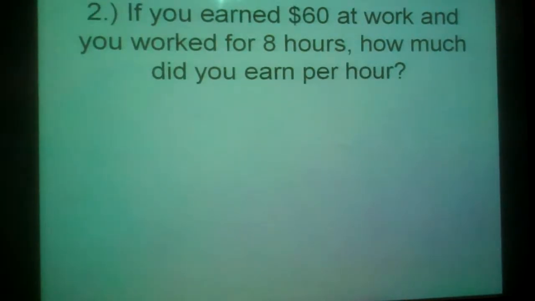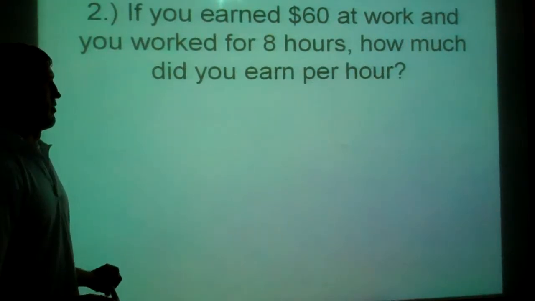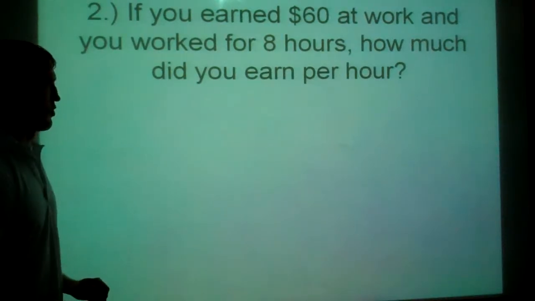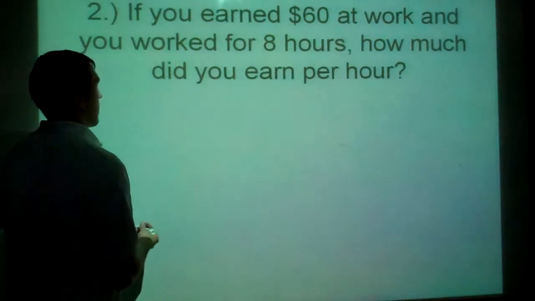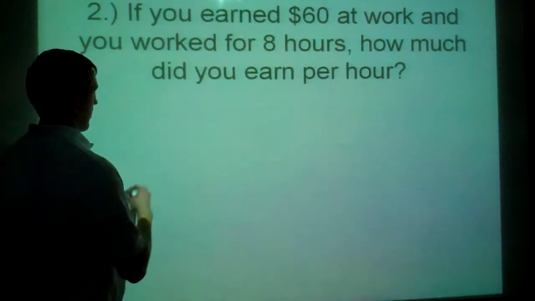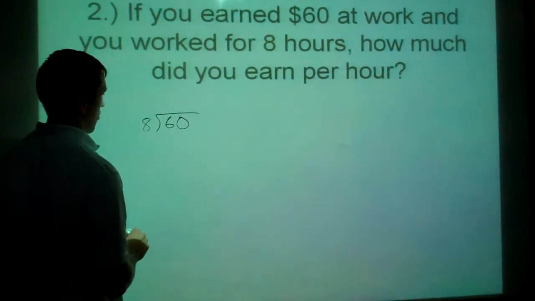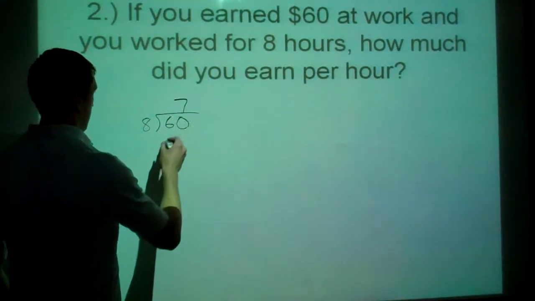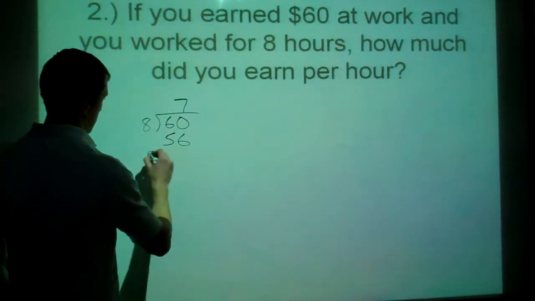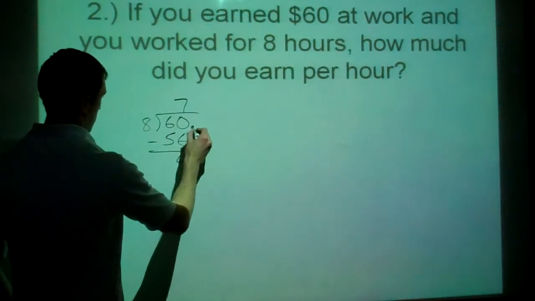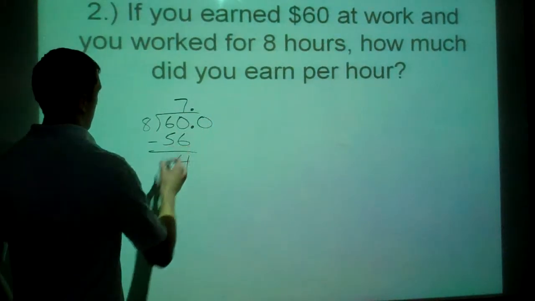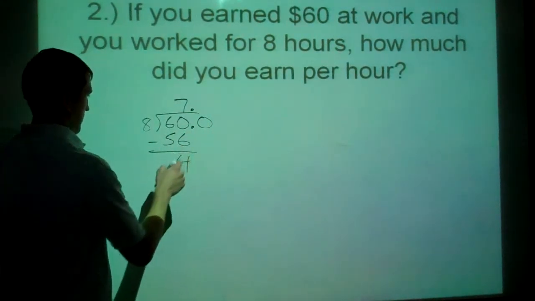Alright, number 2. If you earn $60 at work and you work for 8 hours, how much did you earn per hour? So we want to take our overall pay and figure out what it is hourly, our unit pay basically. So we're going to take 60 and divide it by 8. And that should give us our hourly pay. So 8 goes into 6 zero times, so 8 goes into 60 7 times. 7 times 8 is 56. Do our subtraction. 60 minus 56 is 4.